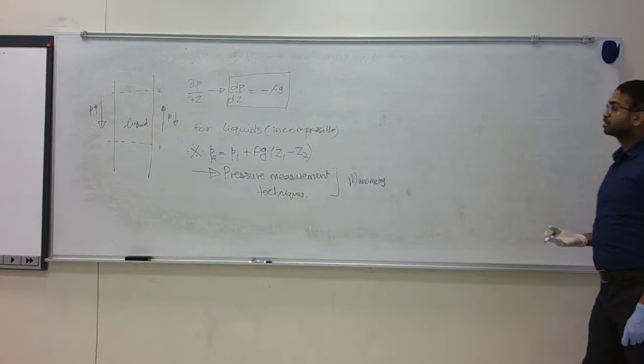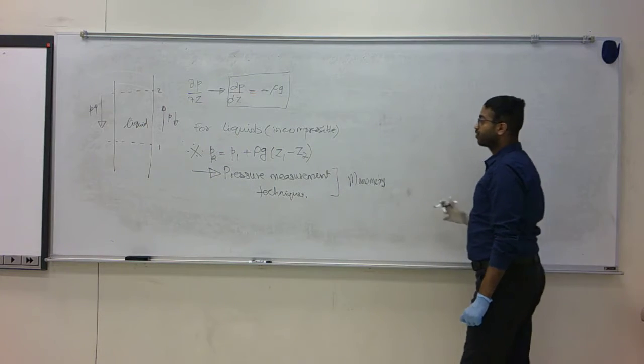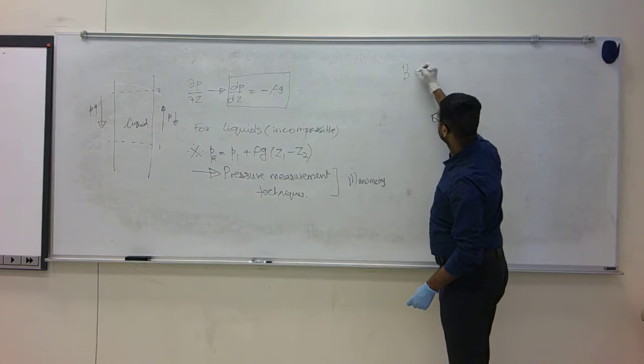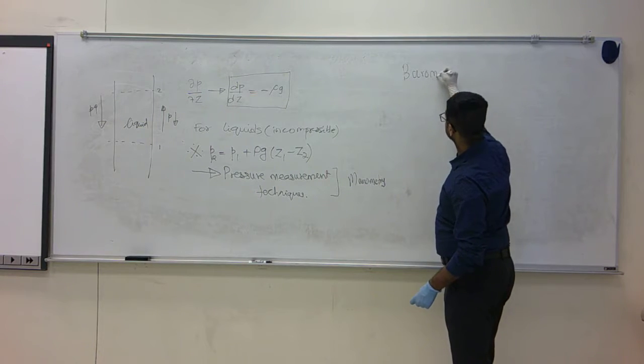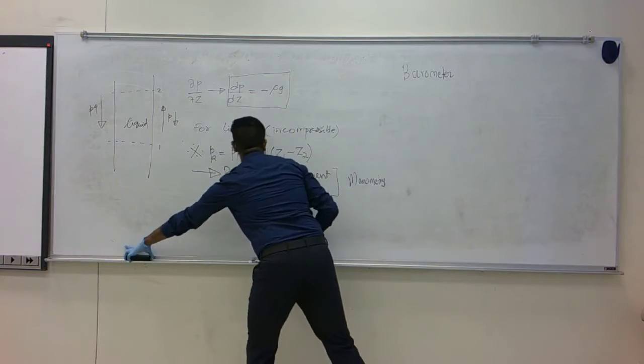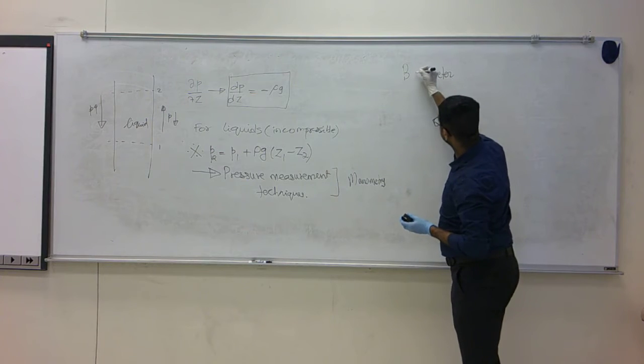Manometry requires the knowledge of only height measurement and density, and that's the basis of the most basic pressure measuring device, called a barometer. A barometer is a device that is used for inferring the atmospheric pressure.